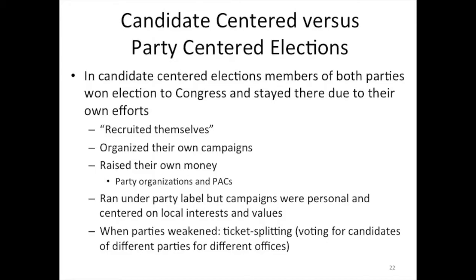In these elections, you have a lot of people bragging about organizing their own campaigns and raising their own money, as opposed to receiving money primarily from their party or a political action committee. While many still run under the party label, and that's the norm, campaigns were very personal and centered on local interests and values.